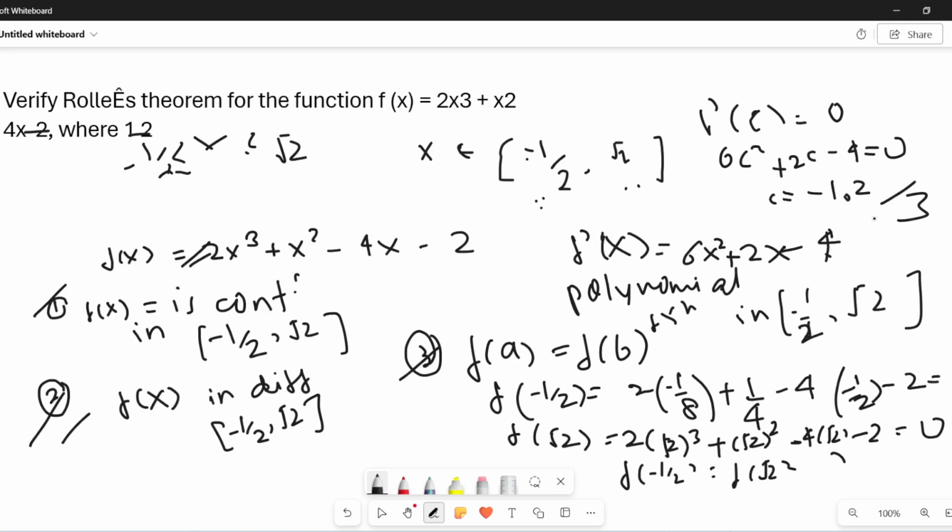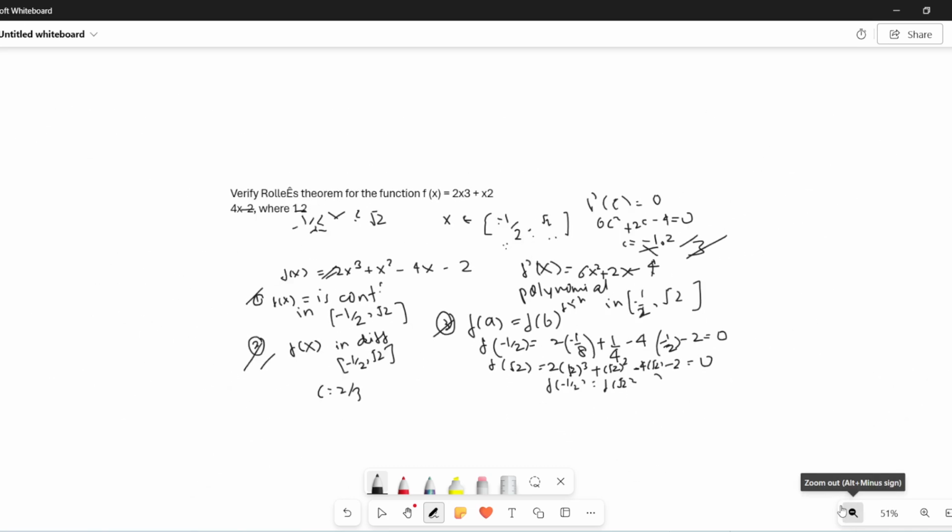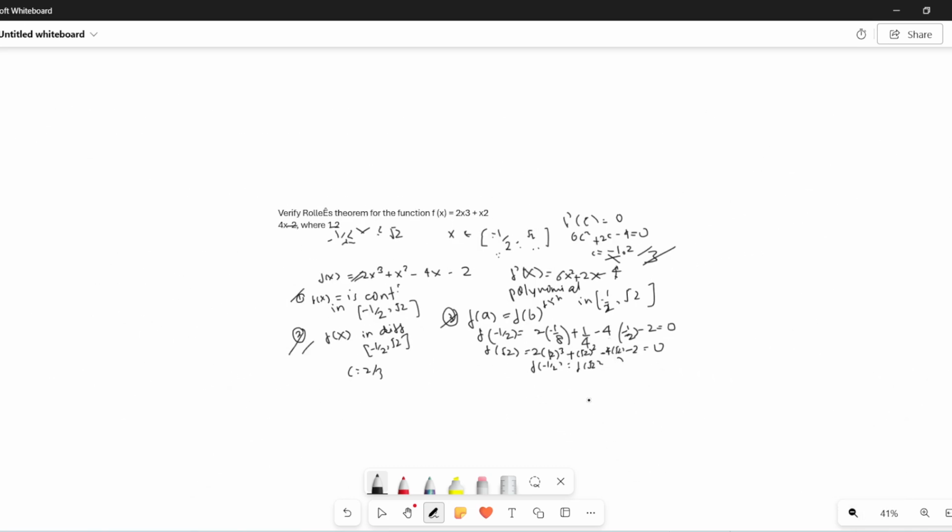So c equal to 2 by 3 is the value. c equal to 2 by 3 lies in minus 1 by 2 to root 2, but c equal to minus 1 does not. Thus we get at least one c, at least one root, lying between minus 1 by 2 and root 2.